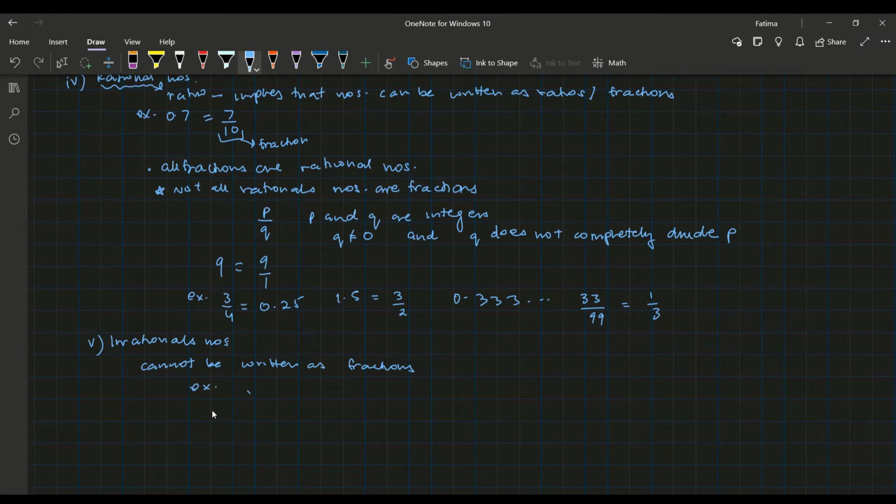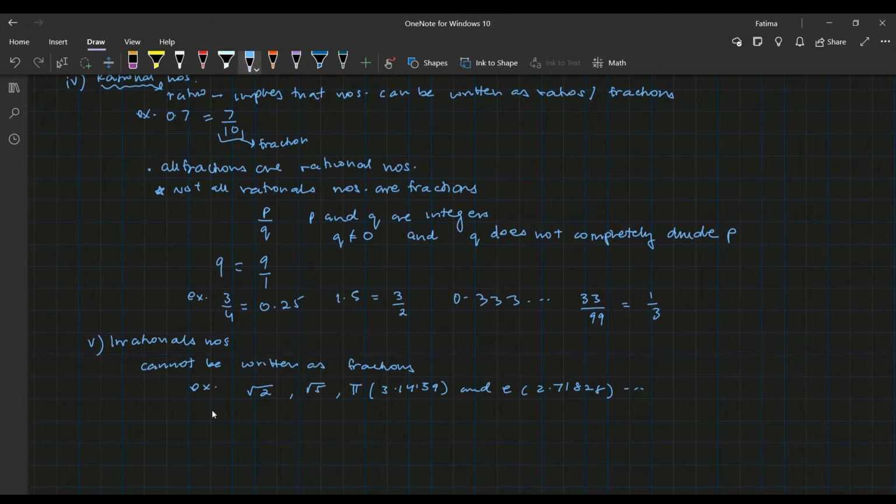And examples are root 2, root 5, pi, which is 3.14159, and e, which is 2.71828, and you can have many more examples for irrational numbers. They're basically numbers that cannot be written in the form of fractions.